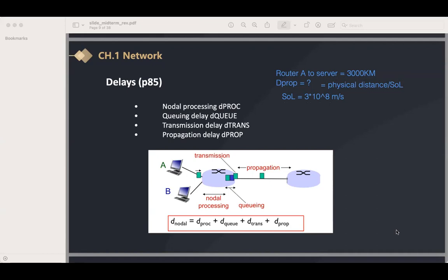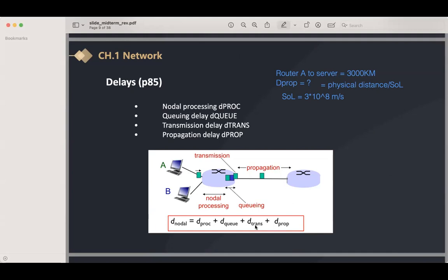In the question, we usually mention what the speed of light is, and we may have different answers here. I would say your answer is correct according to the lecture slides. And in the midterm exam, usually for easier calculation, we will give you the speed of light as another number so you can easily get the answer. So that's the calculation for propagation delay.